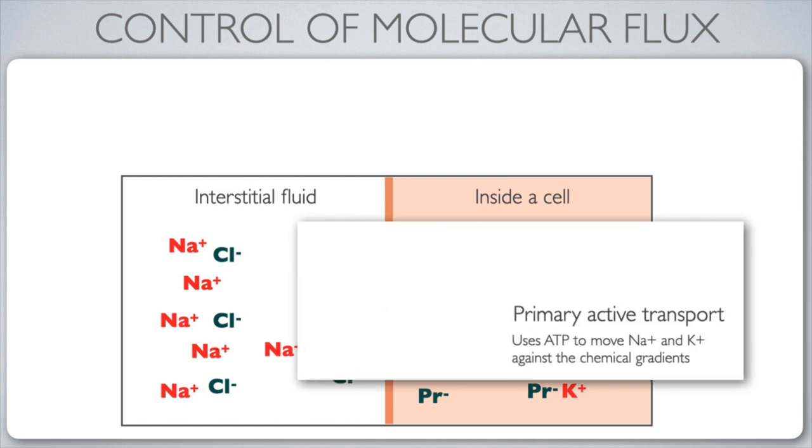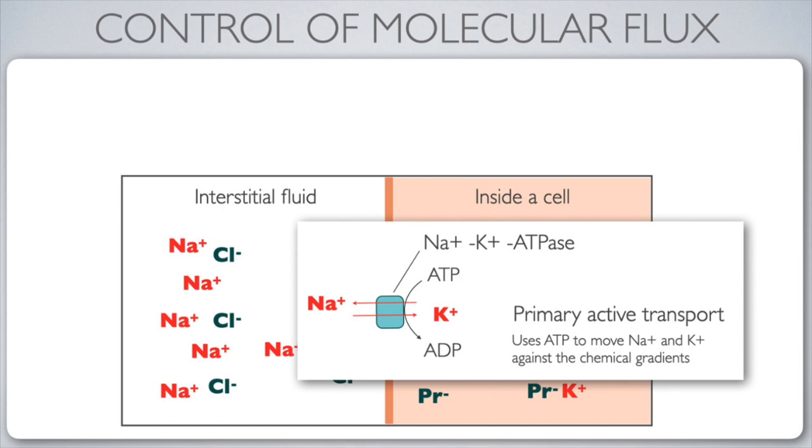The source of energy that we use within cells is to take adenosine triphosphate and hydrolyze it to adenosine diphosphate. That releases energy. And in the case of this transmembrane protein, which is an example of primary active transport, we do that hydrolyzing of ATP to ADP.